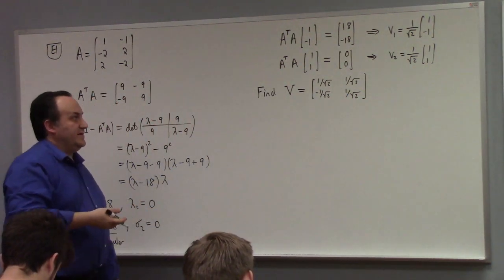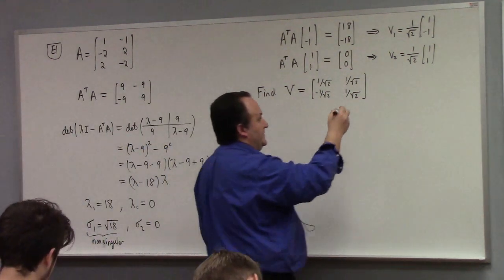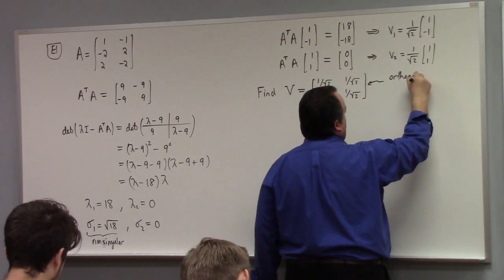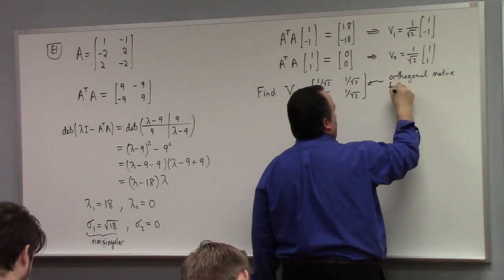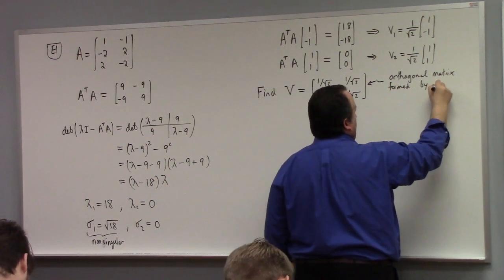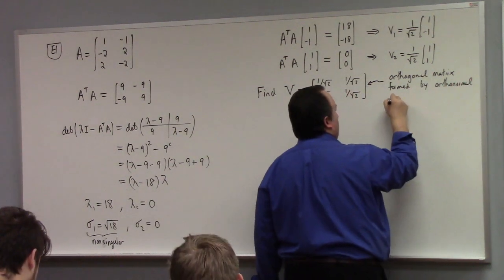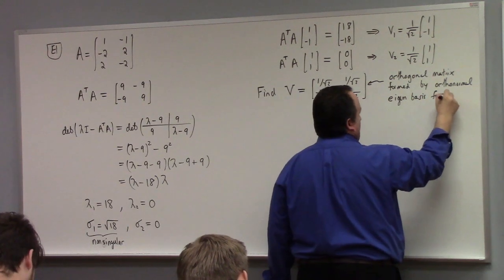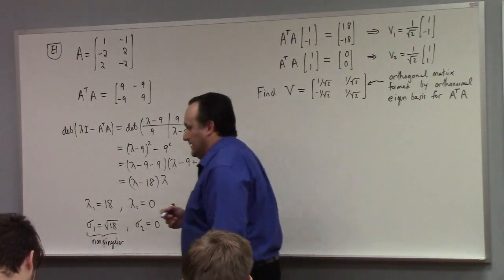That's an orthogonal matrix, and it's an orthogonal matrix formed, let me write it down in a sentence here, by an orthonormal eigenbasis for A transpose A. It's not for A, but for A transpose A, right?